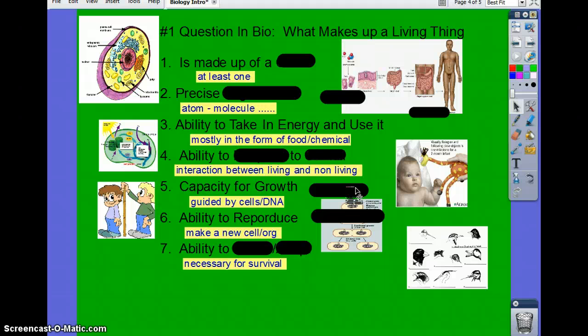From the sun. Correct. But what if I plant my plant over there and the sun's over there? It'll bend towards the sun. So what's it doing? Adapting. Good. It's responding and adapting to its environment in order to survive. So it responds to a stimulus.